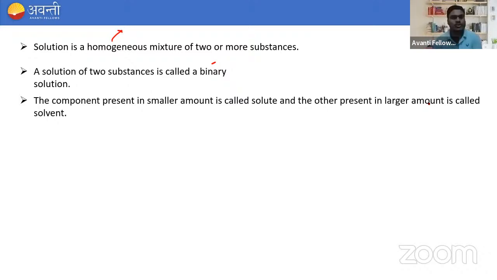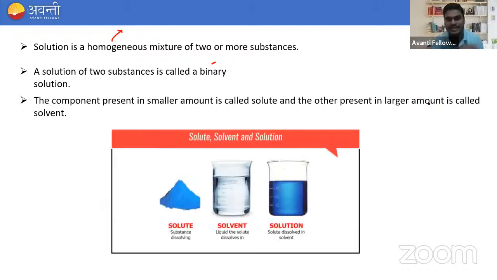Now this is very clear, what you mean by the terms solute and solvent. Let's see through an example. In this, we have a solute, small particles like this. This could be copper sulfate, or you can take sugar, glucose, anything.